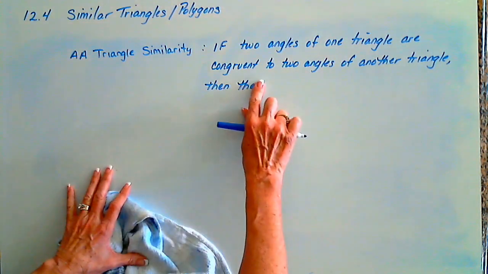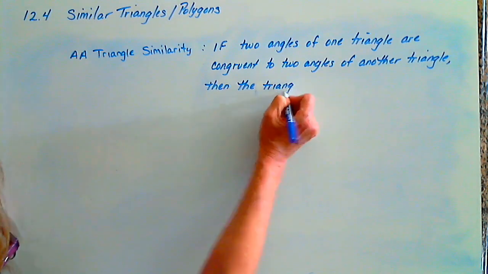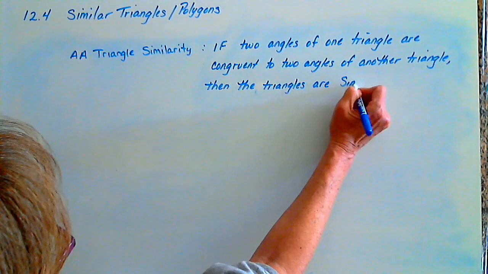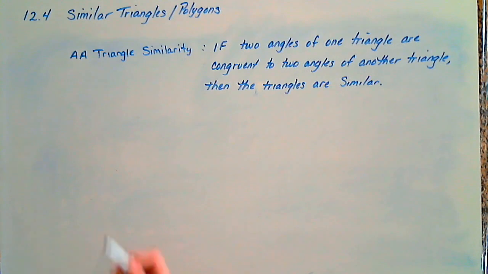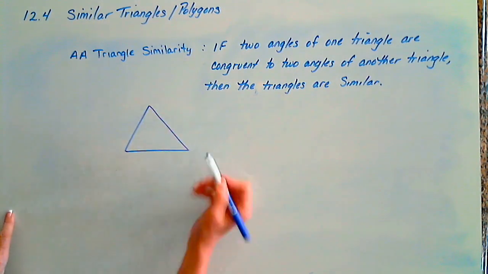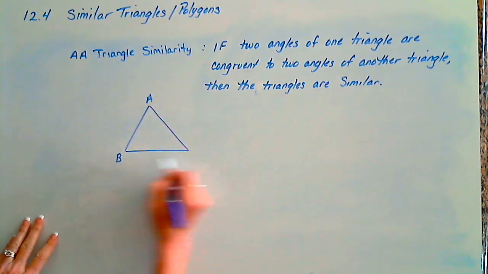The triangles are similar. So let's say I gave you this triangle. I'll call this triangle ABC.